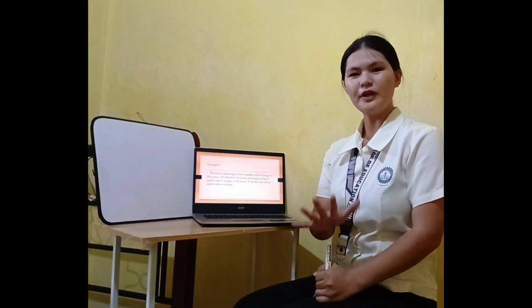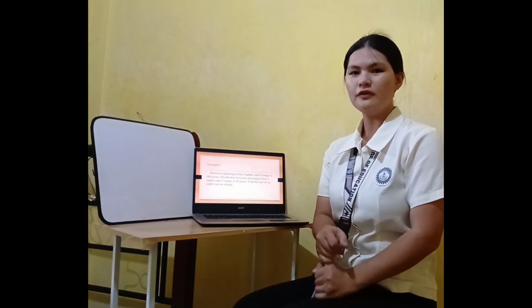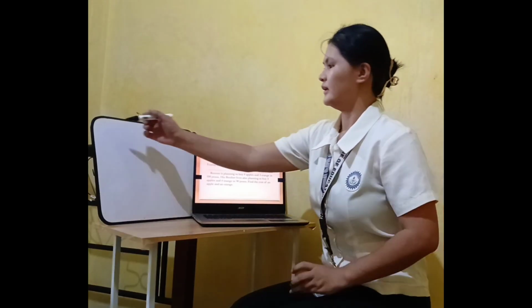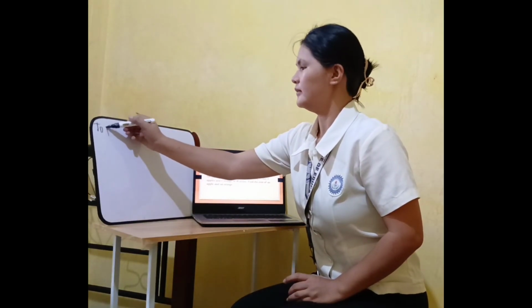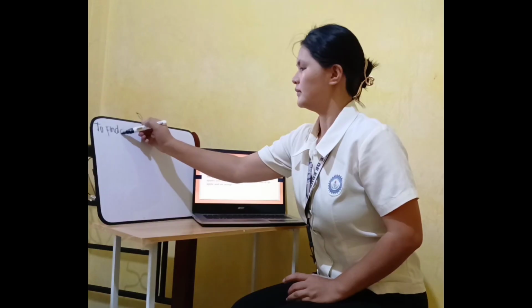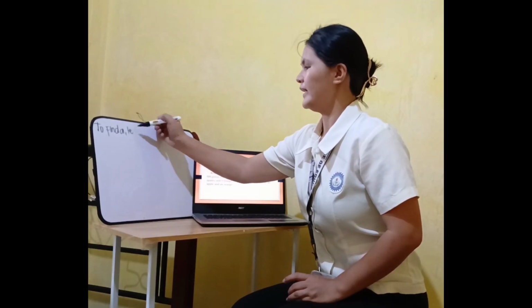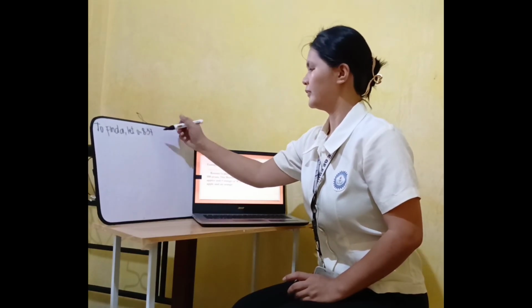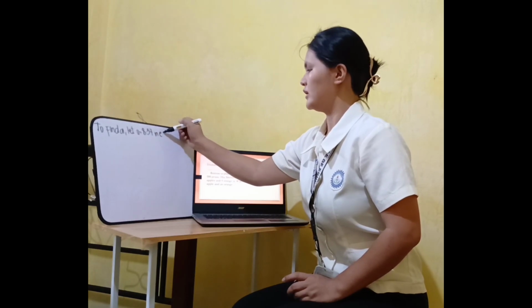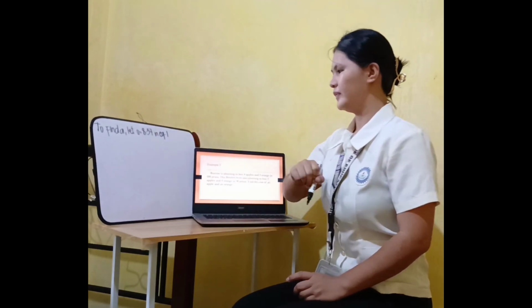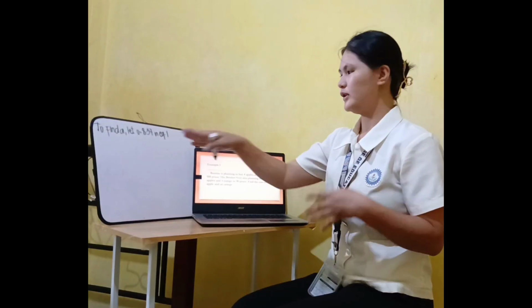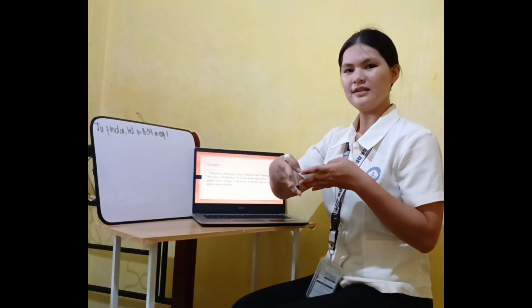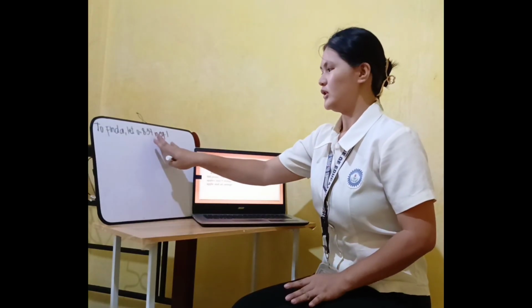Now, how are we going to get the value of a? So to find a, we will let o equals to 8.57 in equation 1. So yung nakuha nating value ni o, isa-substitute natin siya sa equation 1.